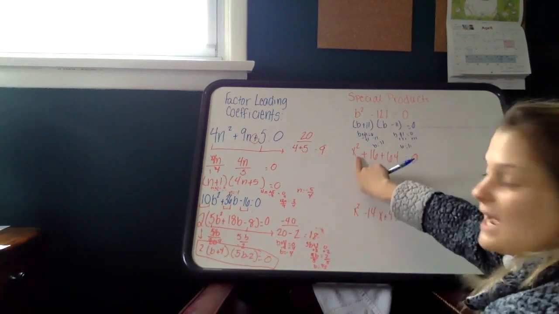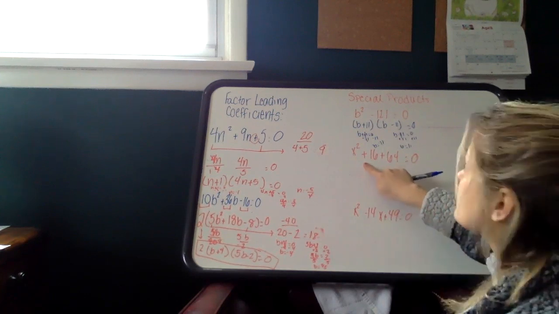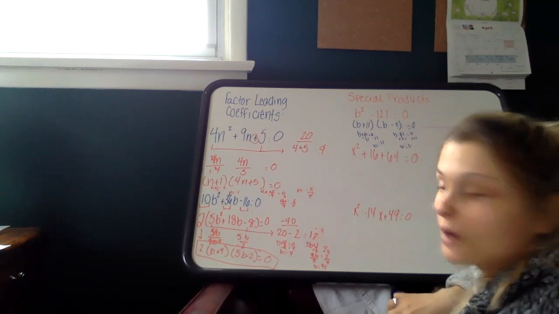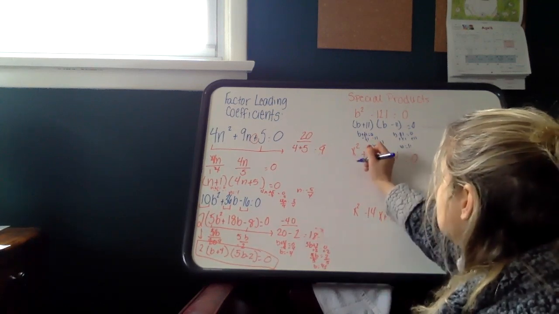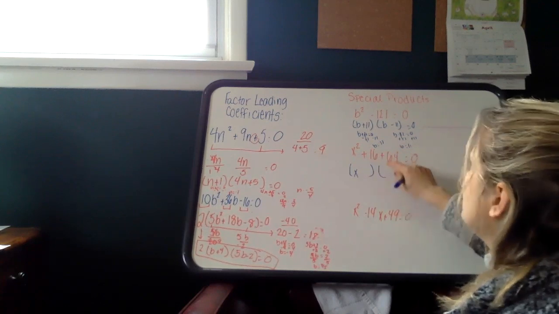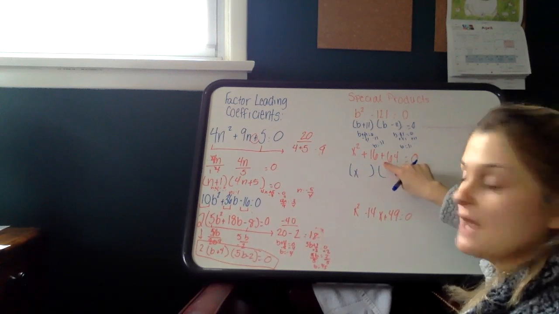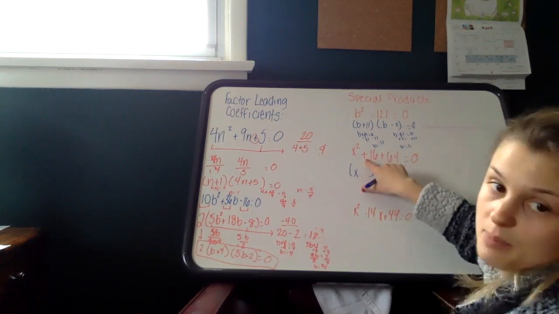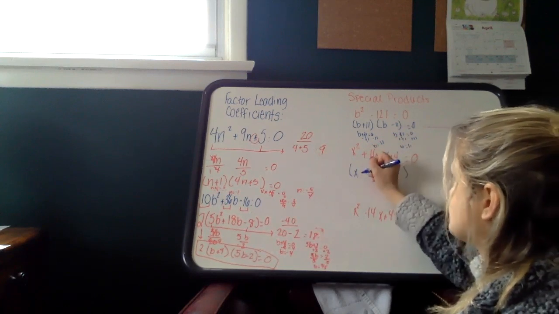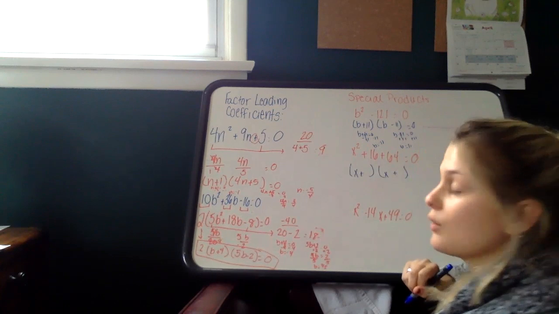This one, by the way, is on special products worksheet number 2. x squared plus 16x plus 64. So in this case, we have to figure out what multiplies together to equal positive 64 and then adds together to equal positive 16. So because both are plus, both are going to be plus in your parentheses, okay?